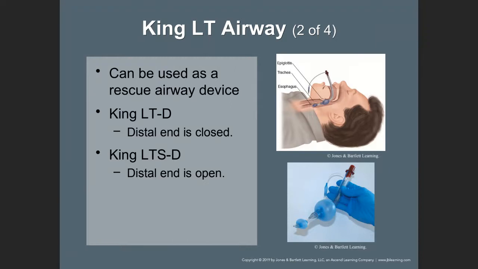The King LT airway. There are two types, the King LTD and the King LTSD. I think the King LTD is specifically for adult patients, and the King LTSD can be used in some pediatric patients. Now, when you're going to perform advanced airway management, you're going to need someone to assist you at the airway.